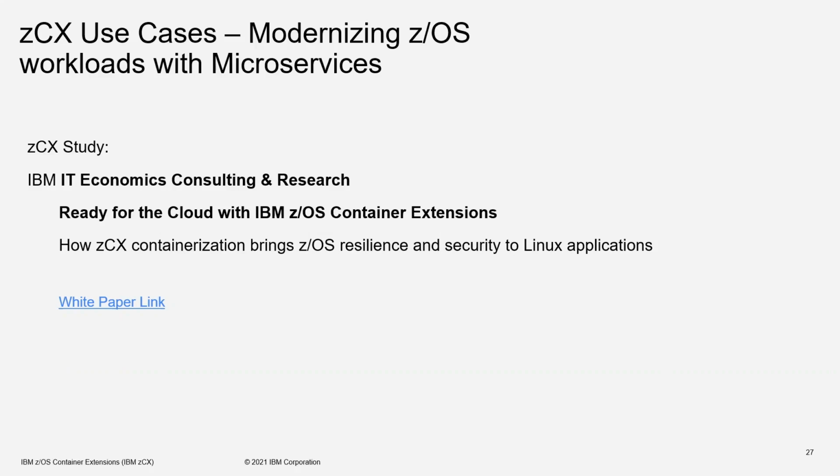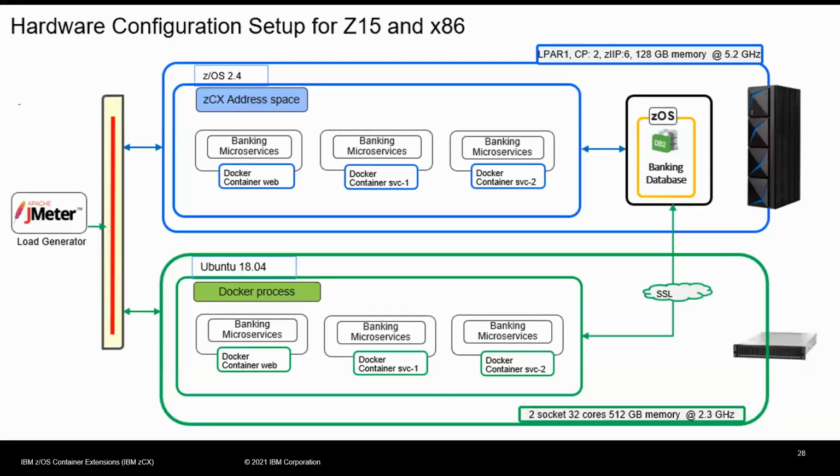I'm not going to talk too much about it, but this is the way they did their test. They put a load generator of a lot of different requests using analogous applications. Some of those applications were running in Docker containers on x86, and others in Docker containers on zCX.